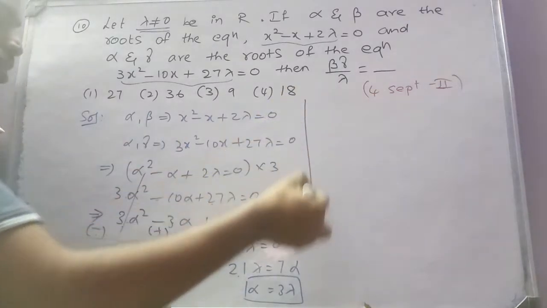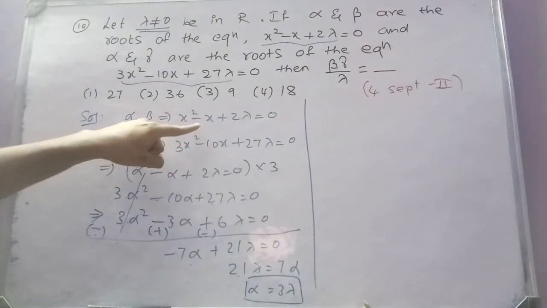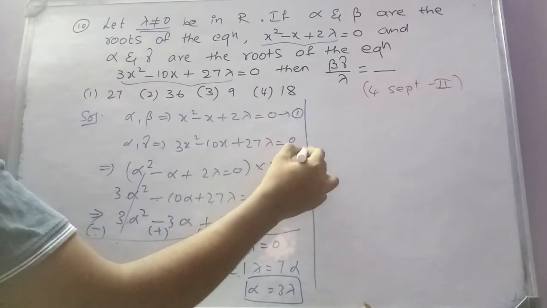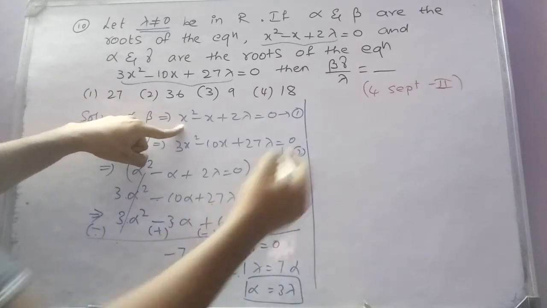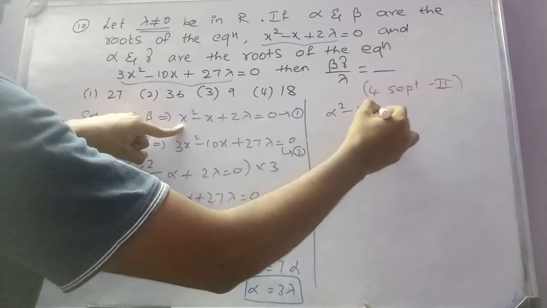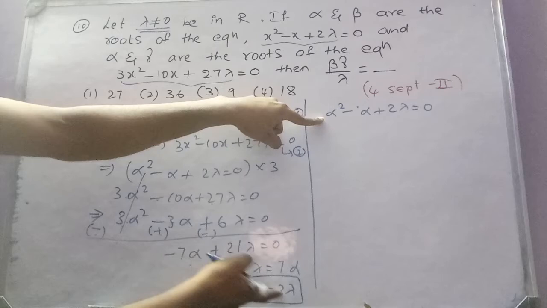Now, dear students, since alpha is equal to 3 lambda, I can substitute either in the first equation or in the second equation. I'll substitute in the first equation. Take alpha is equal to 3 lambda because alpha is a root of this. So we already know that alpha square minus alpha plus 2 lambda equal to 0 because alpha is a root. In place of alpha, I can substitute 3 lambda.